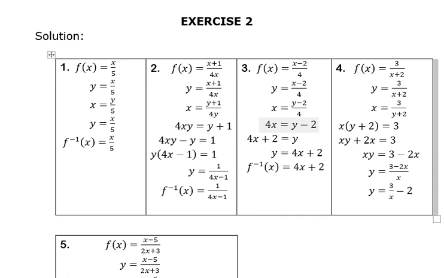Collecting the terms or isolating y, we have 4x plus 2 equals y. Rewriting, y equals 4x plus 2. And finally, substituting y with f inverse of x, f inverse of x equals 4x plus 2. And we're done with number 3.